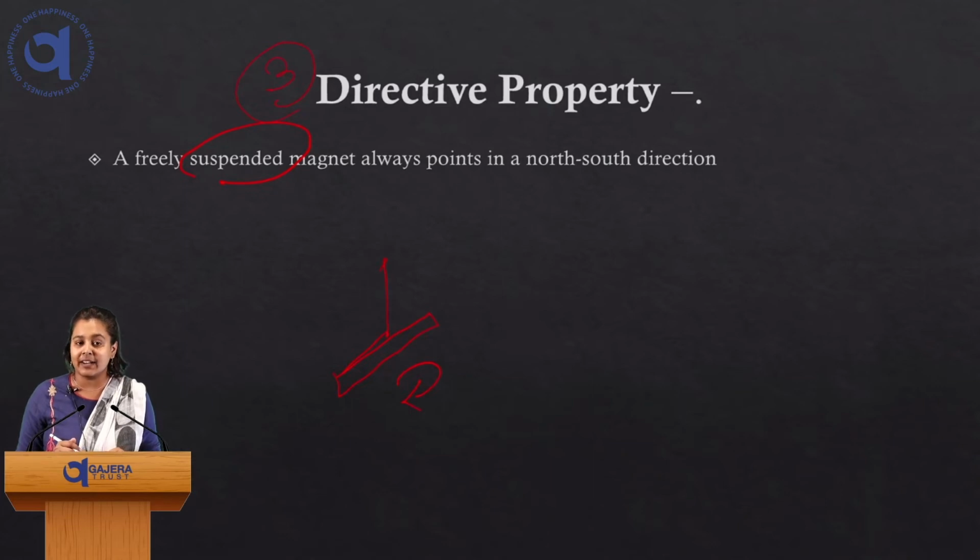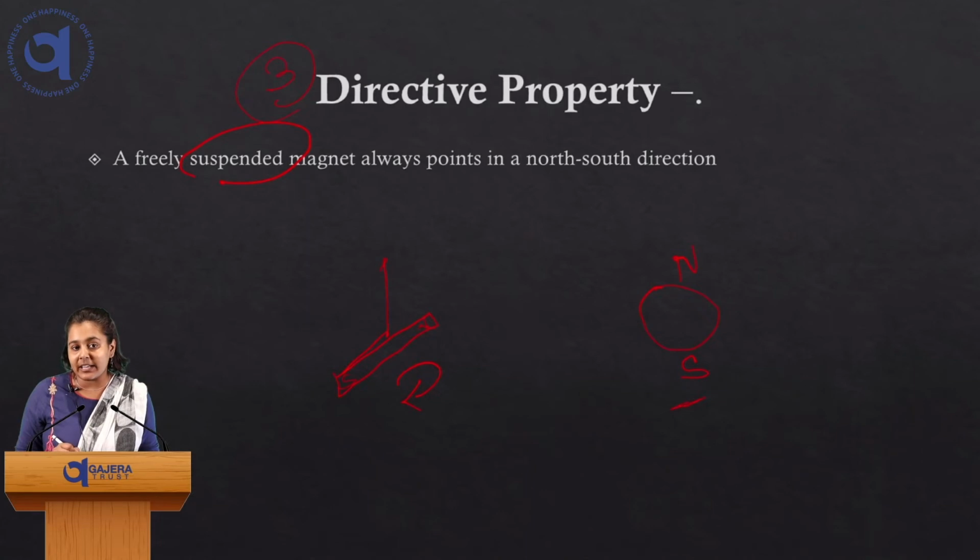This type of magnet is known as a freely suspended magnet. If we do this on earth, then what are we going to observe? We are going to observe that the north pole of the magnet starts pointing towards the north pole of our earth, and the south pole of the magnet will start facing the south pole of our earth. This property is known as the directive property.